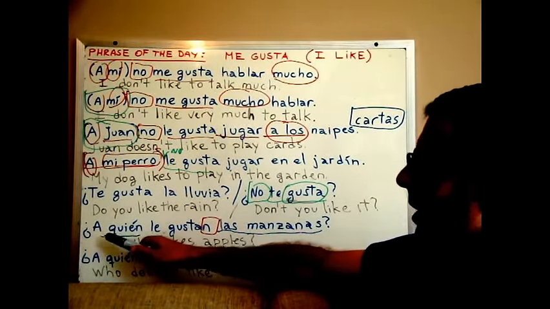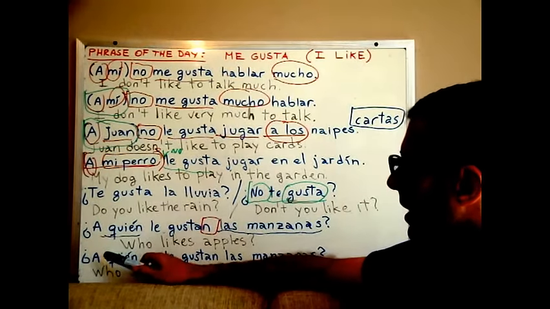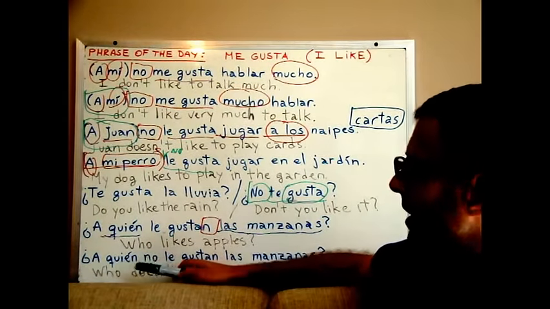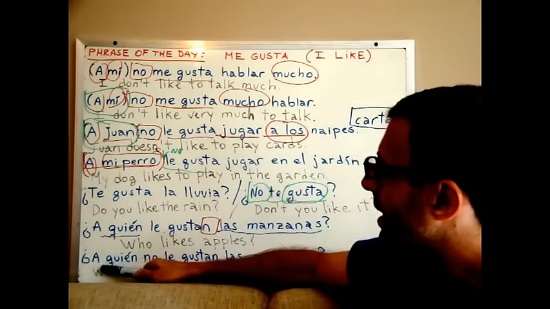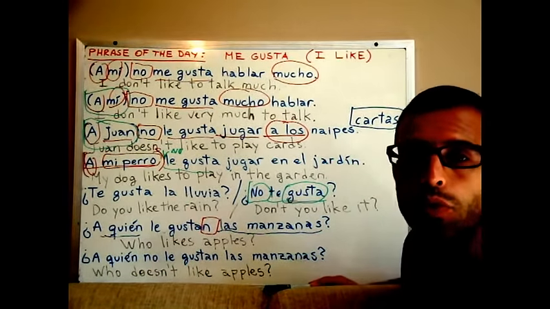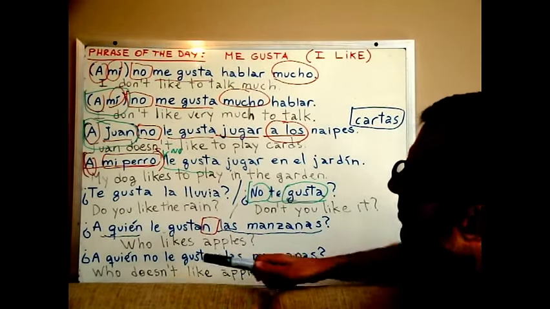We can say the same sentence in the negative, right? Like in our last sentence, and just say, ¿a quién no le gustan las manzanas? Who doesn't like apples, or who does not like apples?